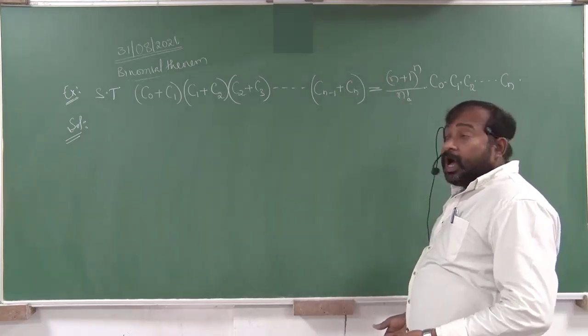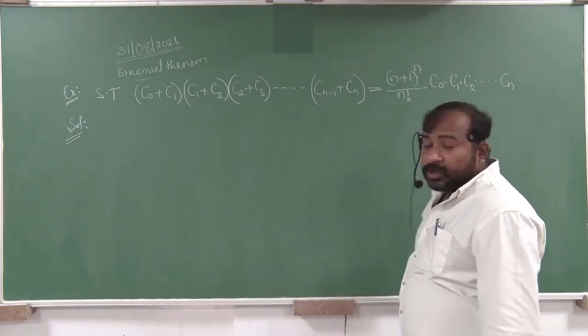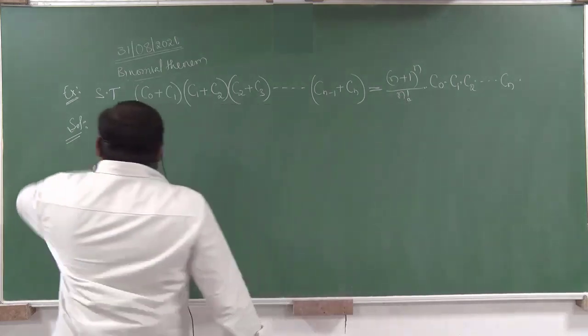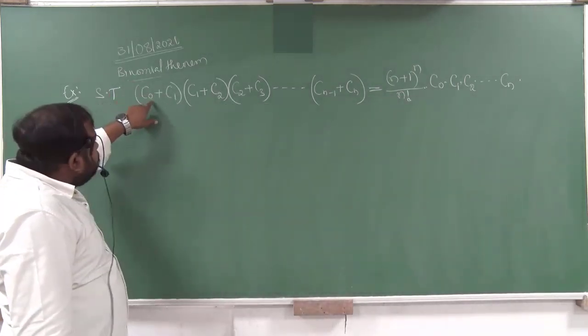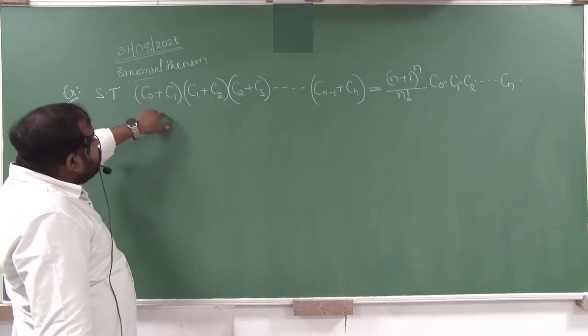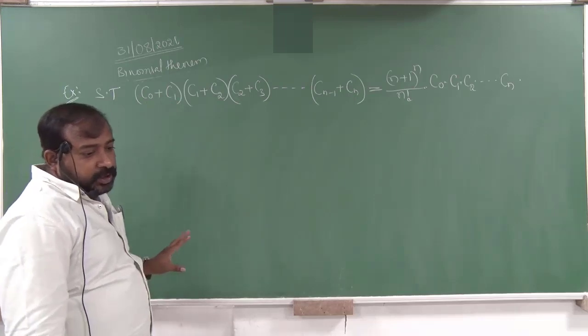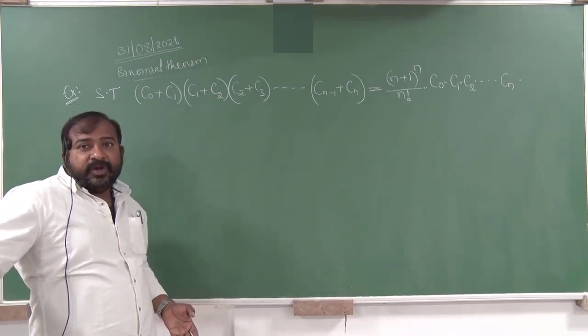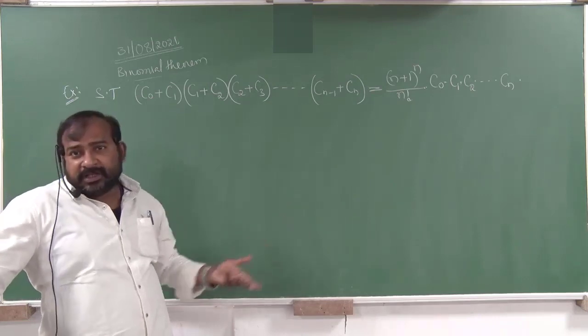Take n equal to 2, or n equal to 1, and you get a unique answer. If n is equal to 1, then this is nothing but 1c naught plus 1c1. What is the value of 1c naught? 1. Plus 1c1 value 1. So 1 plus 1 is 2. Then replace n equal to 1 in the 4 options. You can cross-check for which option you get the value 2. That will be the answer.